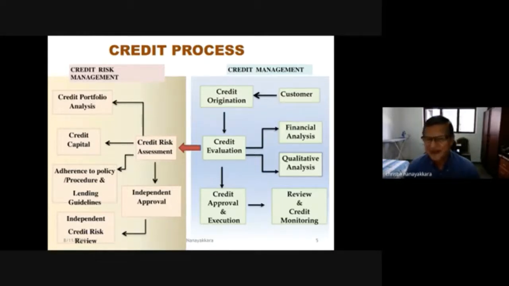I have put an arrow and shown to a unit, that is the credit department, where credit origination takes place. Now you see, customers in those days would walk into the bank and come to the credit department. In concept, you have little knowledge about him.